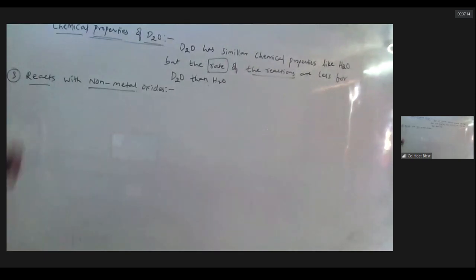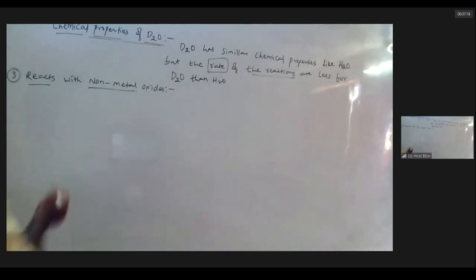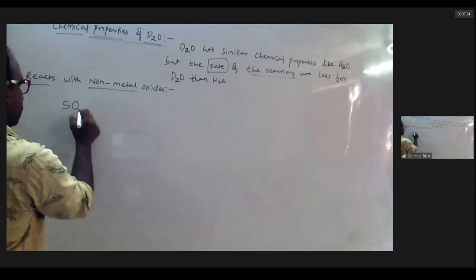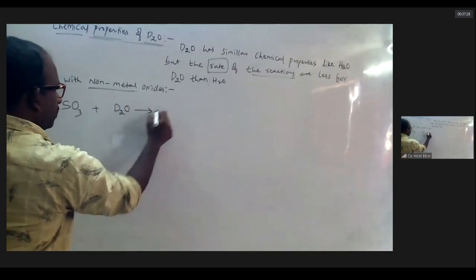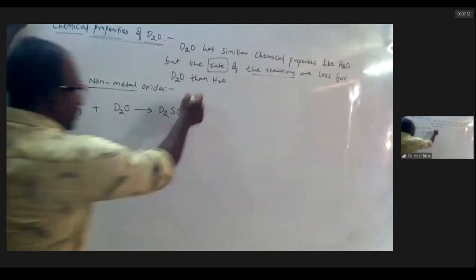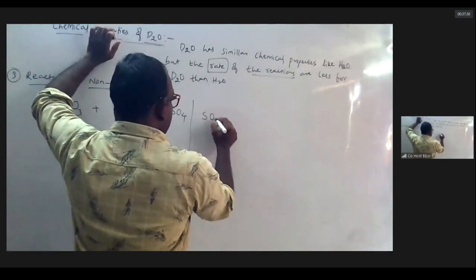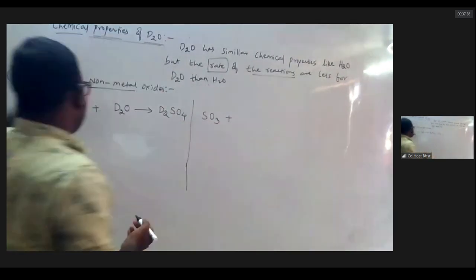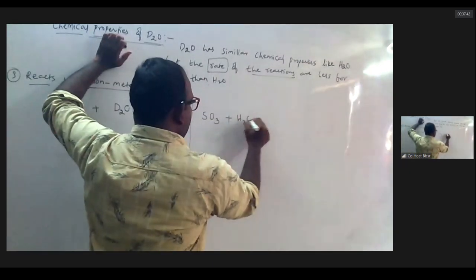Right, reaction with non-metal oxides. See, what is this non-metal oxide means? Sulfur is a non-metal, right? इसका oxide है SO3, and reacting with D2O and forming what? D2SO4. You see here, to understand this thing, sulfur trioxide is reacting with H2O and forming what?